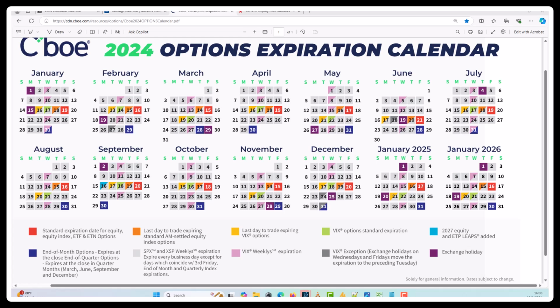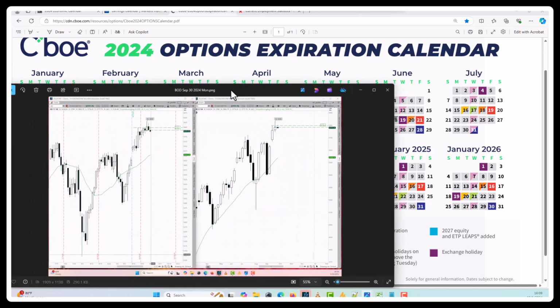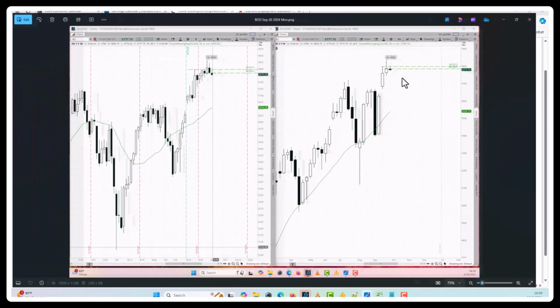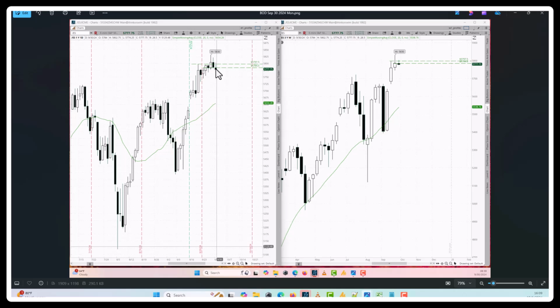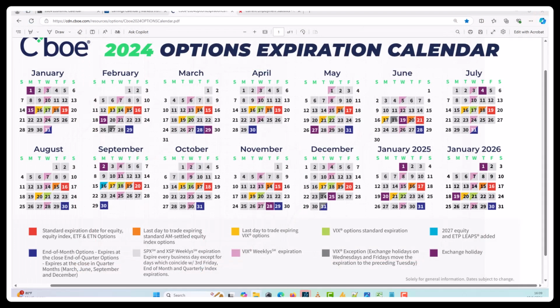If we look at yesterday, it gives us some idea that, here's the candle from yesterday's beginning of the day, but we forgot to take the screenshot at the end of the day yesterday.